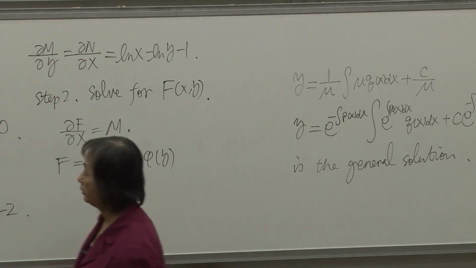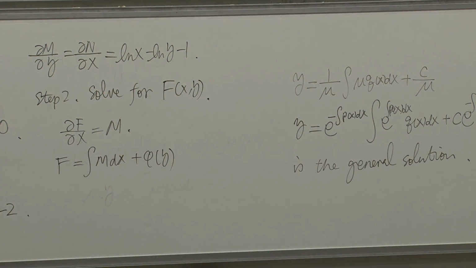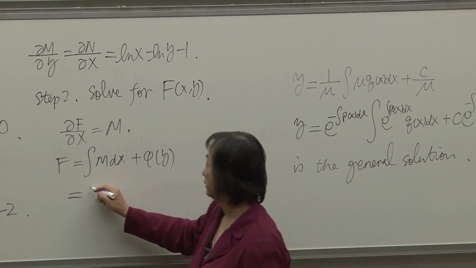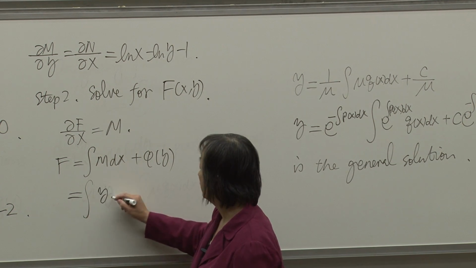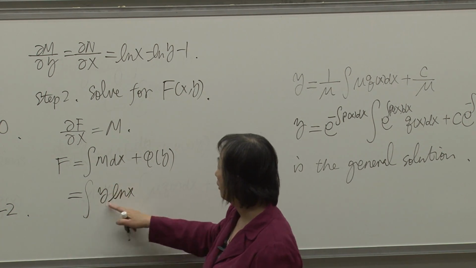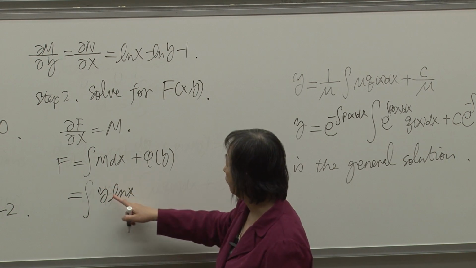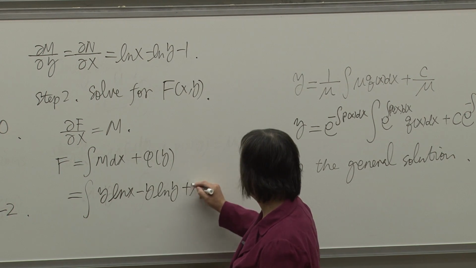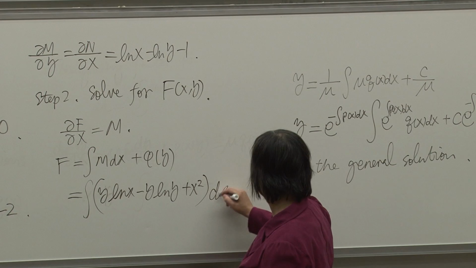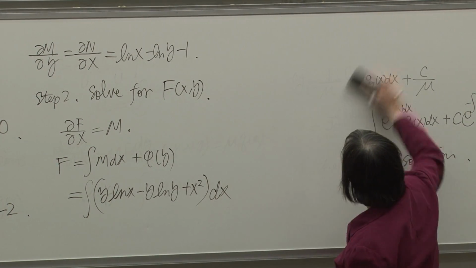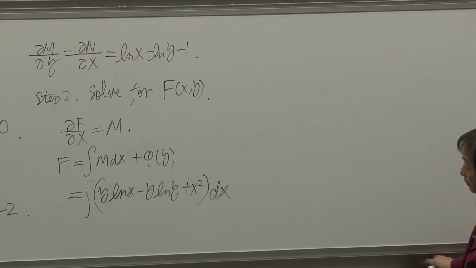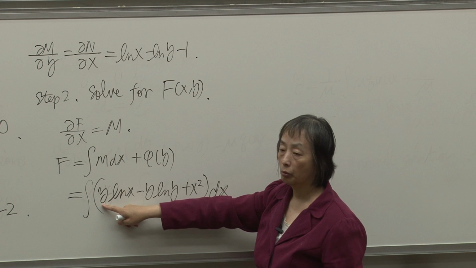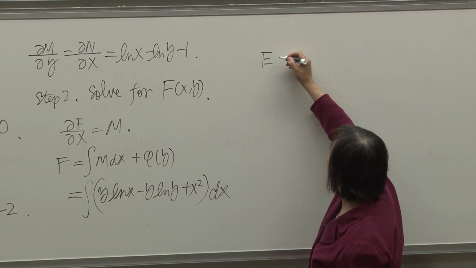That is the integral of y times log x minus y times log y plus x squared. Now, when we integrate with respect to x, y is considered as a constant.